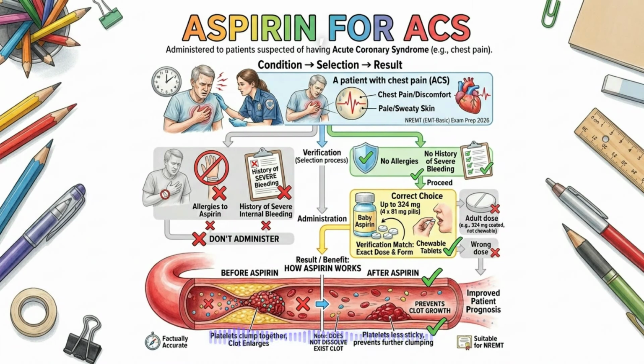It works by making the tiny blood cells called platelets less sticky, keeping them from clumping together at the site of the blockage. For the exam, you must remember the standard dose is up to 324 milligrams of chewable baby aspirin. And you must verify the patient has no allergies or history of severe internal bleeding before giving it.